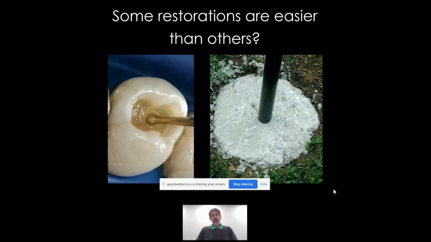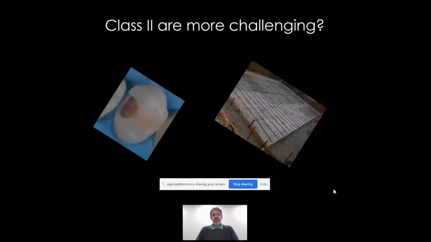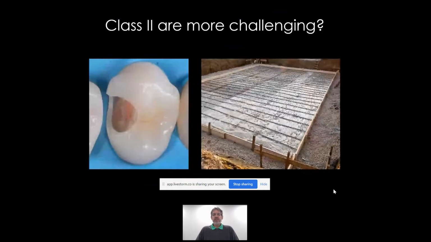So you have to be careful during the placement of your restorative material so as to prevent any post-op sensitivity. And then certainly the class 2 is a bit more of a challenge. Why? Because A, you need something to contain that material until it's completely set, and B, you need to keep it separated from the adjacent tooth or teeth.